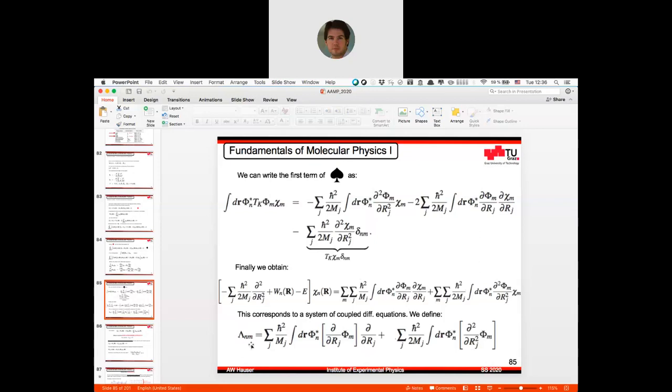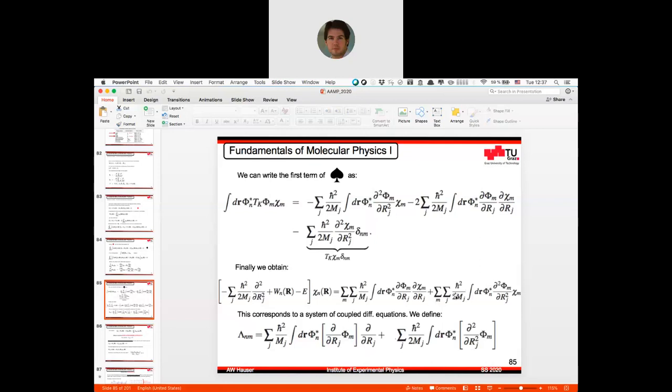Now, this is simply a coupling element which couples different electronic states. Okay, this is the coupling element, because if this right-hand side of the equation was 0, then we could solve the Schrödinger equation for each electronic state separately. Okay, but this is not the case because we have coupling terms as well.